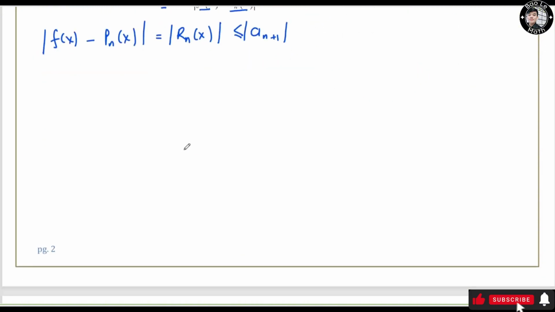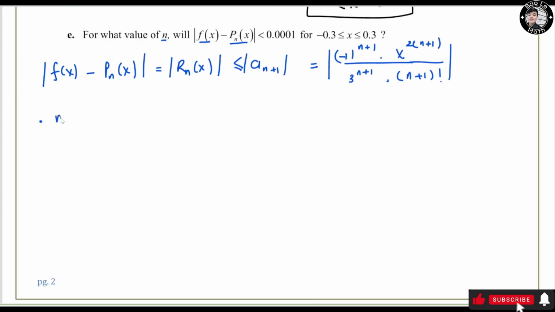So now we're going to check n equals 1. We have the absolute value of f of s minus p sub 1 of s, and this guy is less than or equal to, substitute 1 for n over here. So I have 1 plus 1, it could be 2, negative 1 squared, it could be 1, and the absolute value of s raised to the 2 times 2, it could be 4, over 3 squared, it could be 9, times 2 factorial, it could be 2.